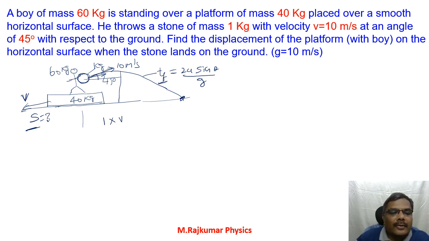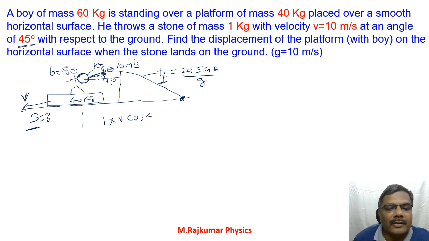So the horizontal velocity is v into cos theta. The angle theta is given in the problem itself, 45 degrees.